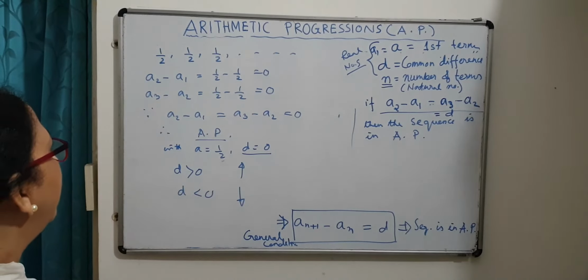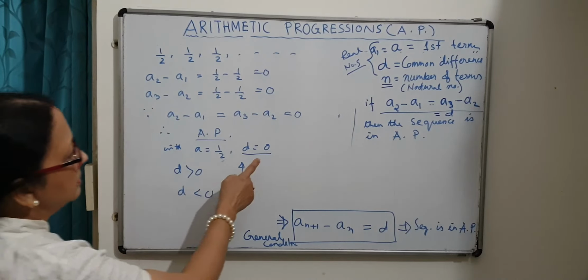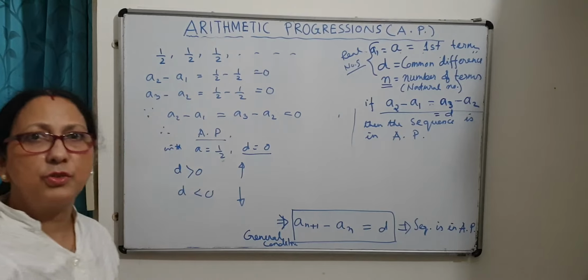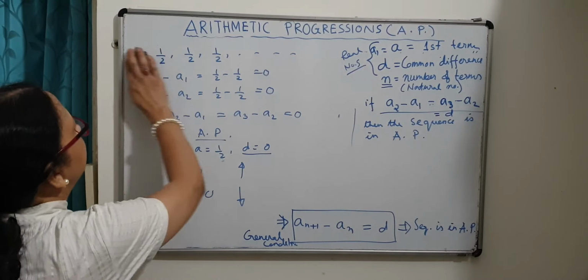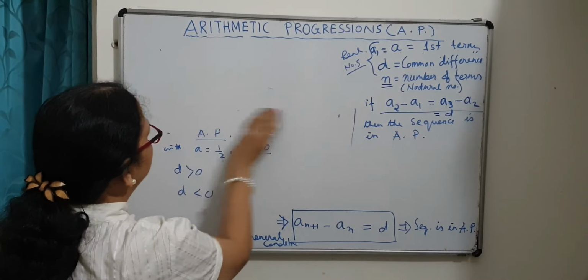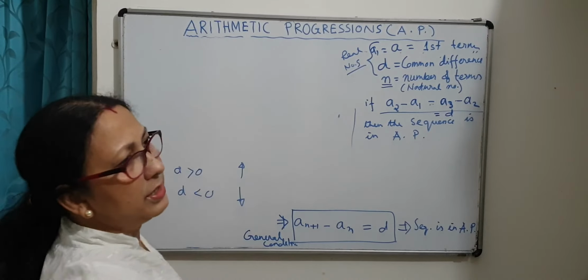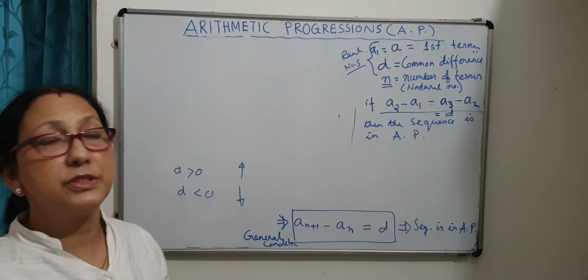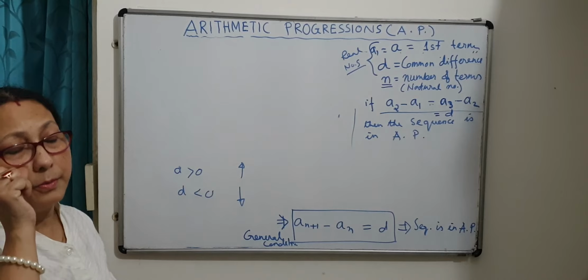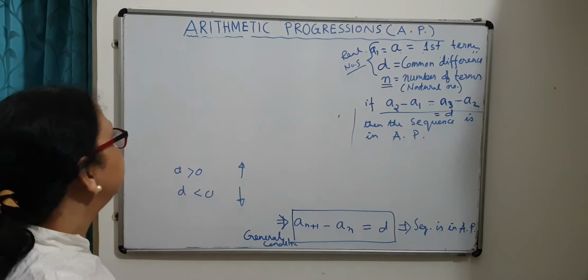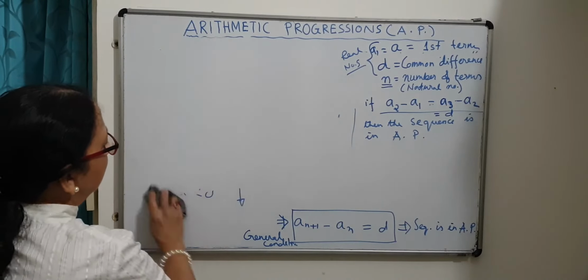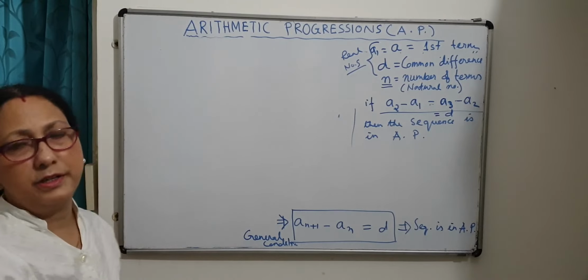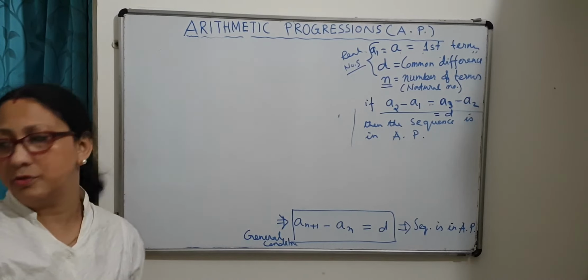And this is a rational number. In the previous case also we got D as a rational number. And in the very first example, where A was 2 and D was 3, that was a positive integer. Now let me take another example where I show D can be irrational also.